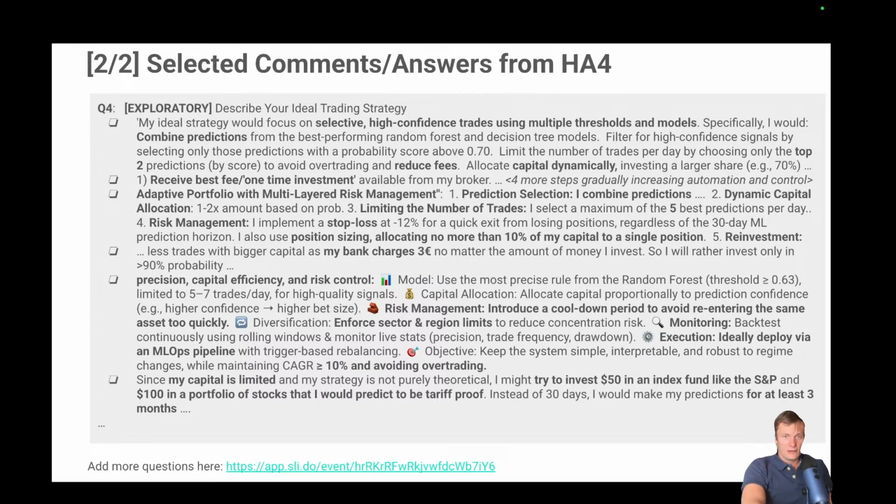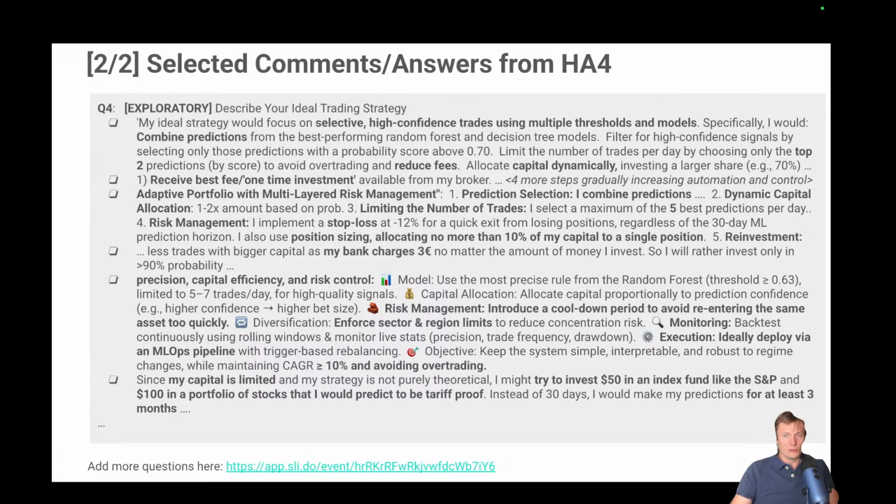So there were a few more ideas like dynamic capital allocation, where you actually place a higher bet when the probability from the model is higher.